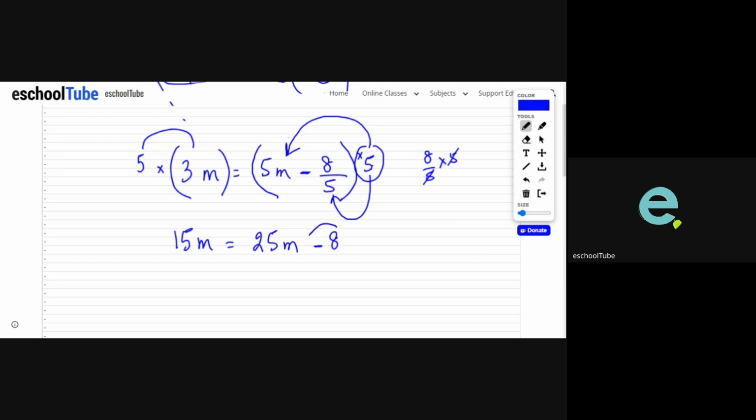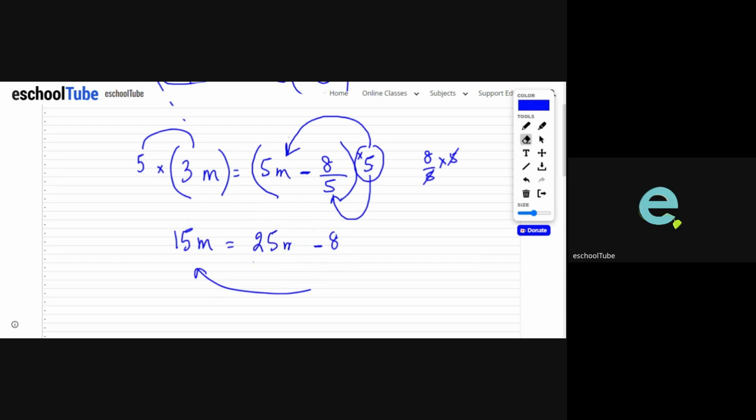You can transpose this 8 to left hand side, or you can transpose this 25m to left hand side, whatever you want. Tell me, what do you want to do? Sir, will transfer 8 to left hand side.